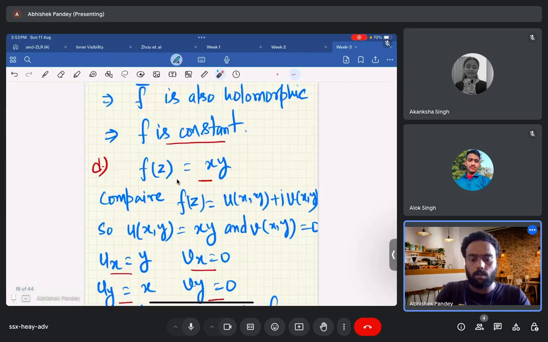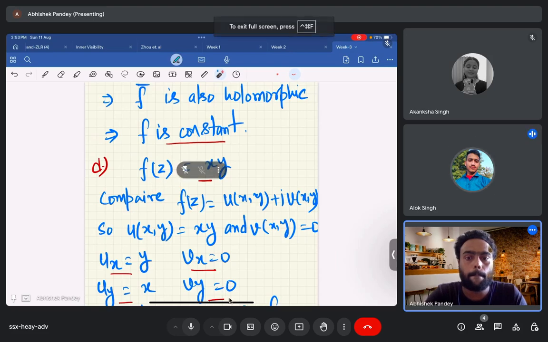And now f bar is also holomorphic, which means that f is constant. Earlier we have seen if f and f bar are holomorphic, then f has to be constant. Is it clear? Yes.